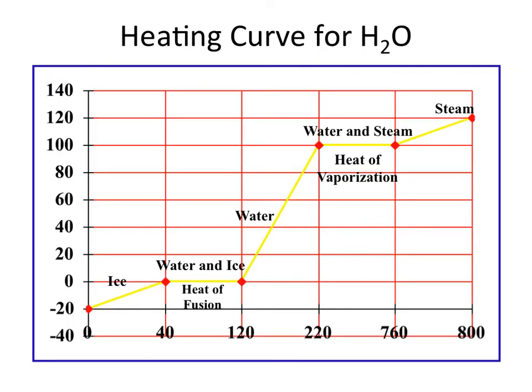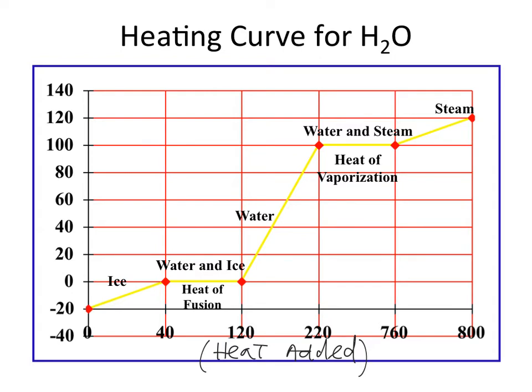Let's look at an actual heating curve. What I want you to notice is that along the x-axis down here, we are representing heat added. Sometimes it's just shown as time as well, and the implication is that we're adding heat during that time.